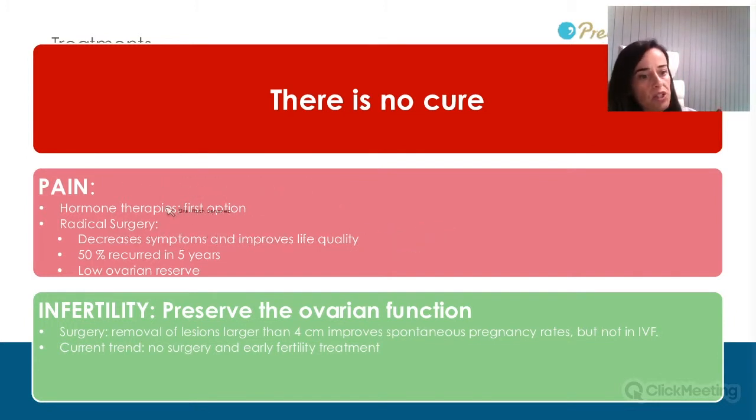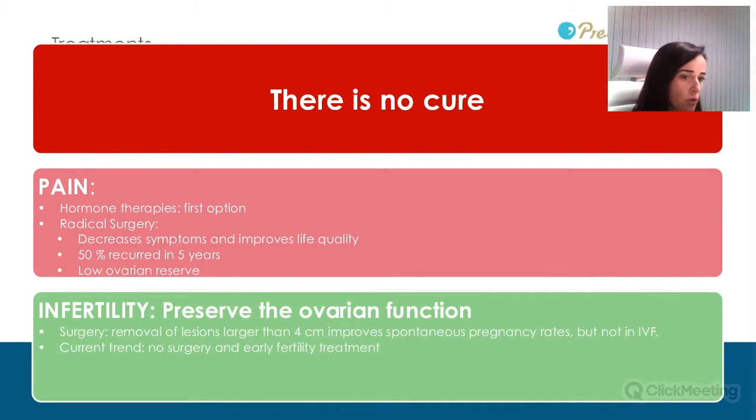So we suggest radical surgery to patients that have a lot of pain and live with pain every day. But they have to be informed that in half of the cases, in the next 5 years, they can have recurrences. And if we make another surgery, we are lowering their ovarian reserve.